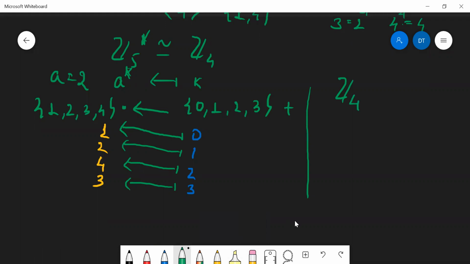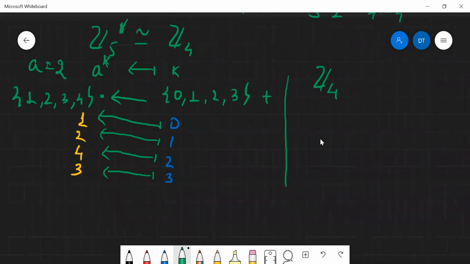Well, in general, when you want to find a generator in Zm, a number A in Zm is a generator if GCD of A and M is 1, something like that.